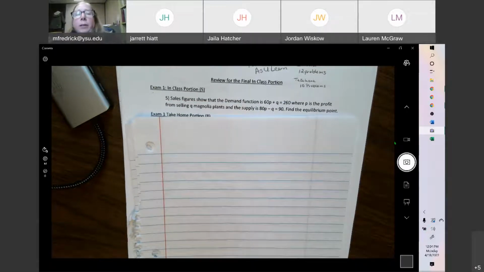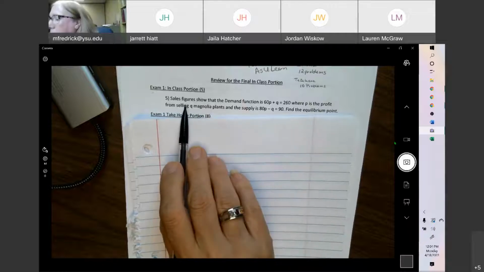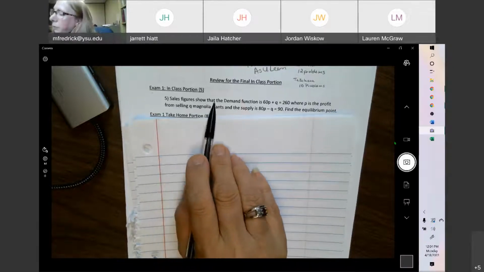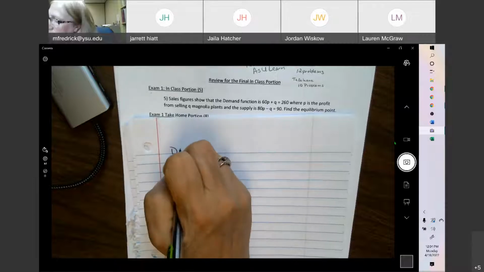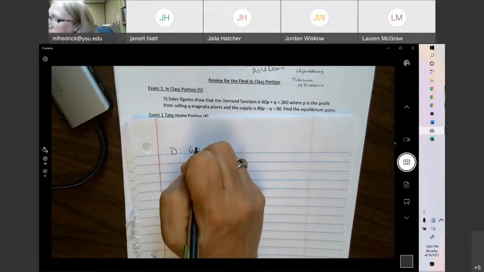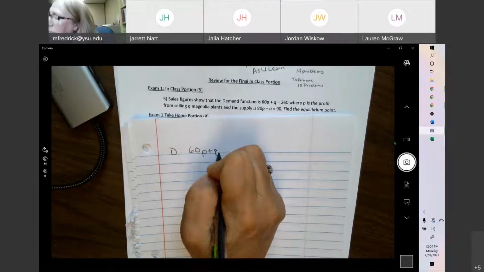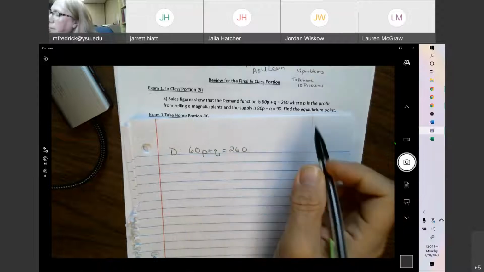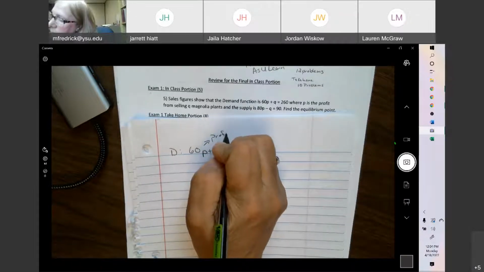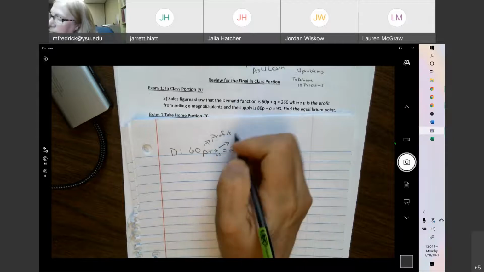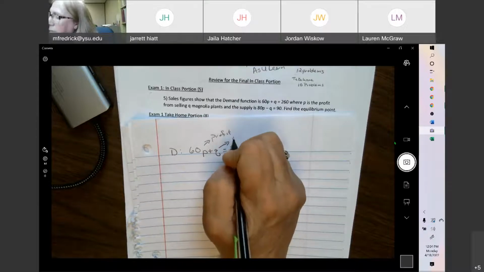So from exam 1 in class, number 5, sales figures show that the demand function is 60p plus Q equal to 260, where P is profit from selling Q magnolia plants.